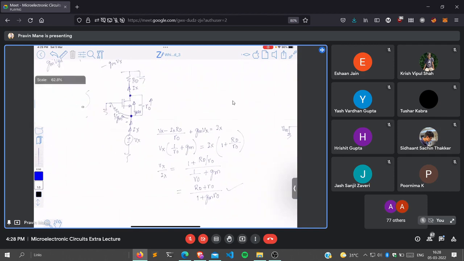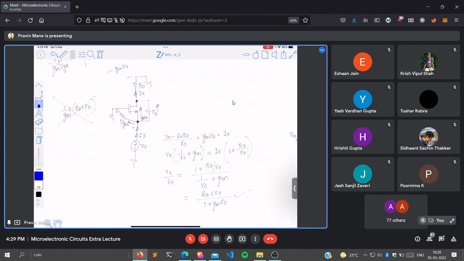So it is Vx minus IXRD. This voltage minus this voltage, divided by RO, is the first term. And the second term is the current flowing through the MOSFET proper, which is gm VGS.